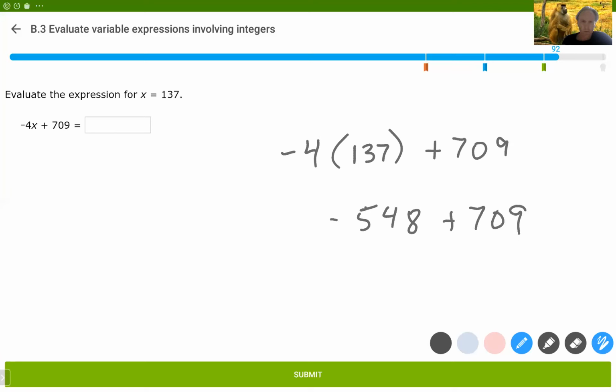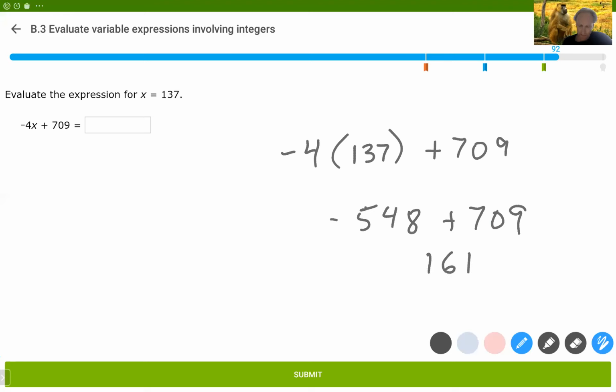Now, a lot of people wonder, how can you add these together or subtract them or look at the difference? Notice that the positives are bigger, and the way I look at it is I need 52 to make this 600. So it looks like I need 152 plus 9 more makes 161.